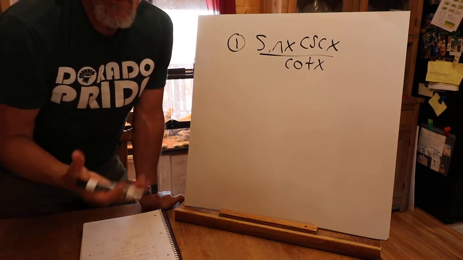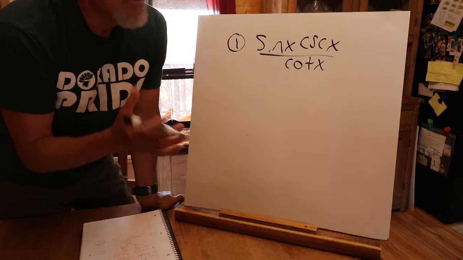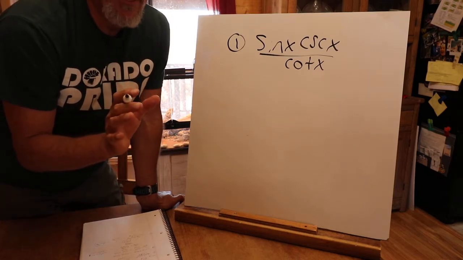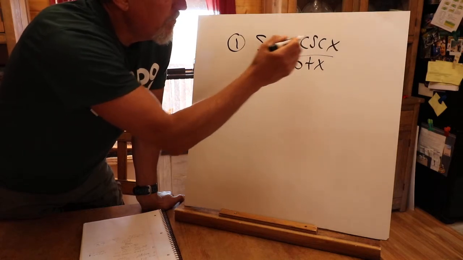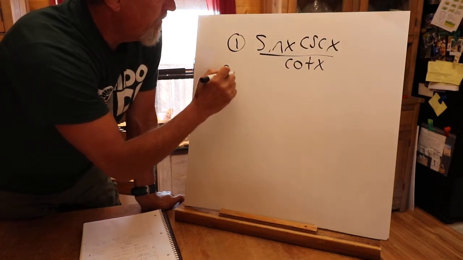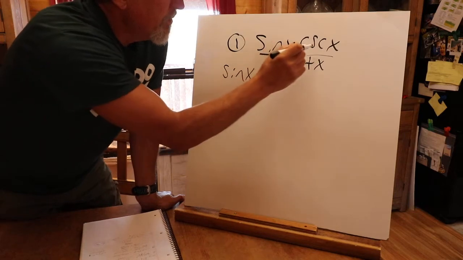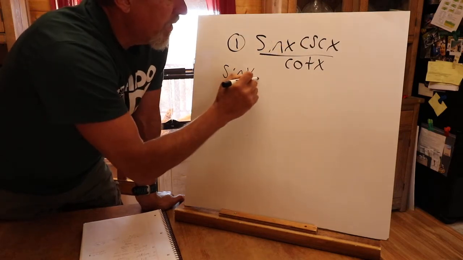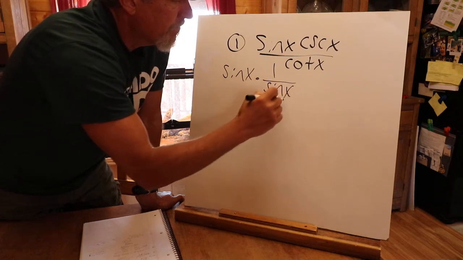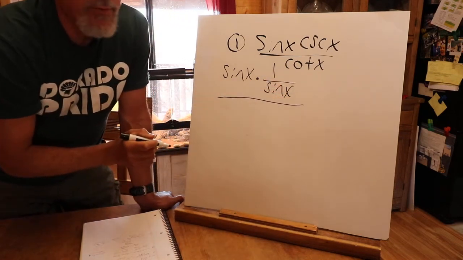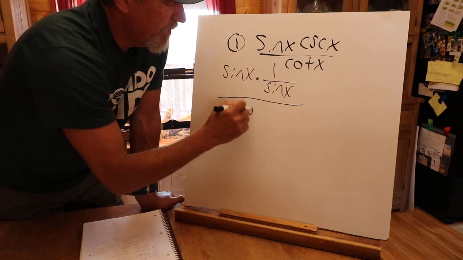That's one of the first steps you usually try. But you don't always have to switch everything to sines and cosines. The sine and the cosecant I'm definitely going to. So I'm going to leave the sine of x. The cosecant I'm going to write as 1 over sine because it's sine's partner. And then that cotangent of x, I'm not going to do anything to it yet. I'm just going to leave it as cotangent x.